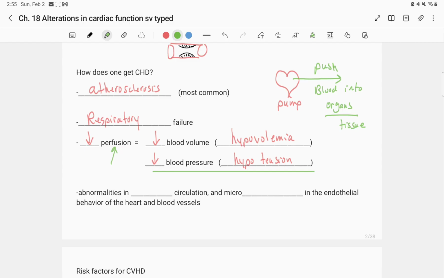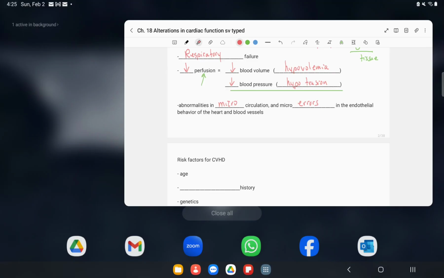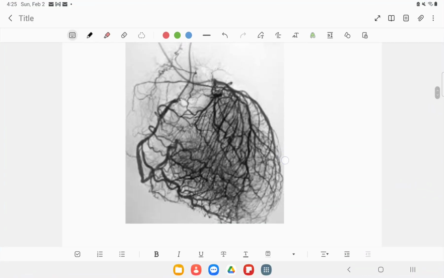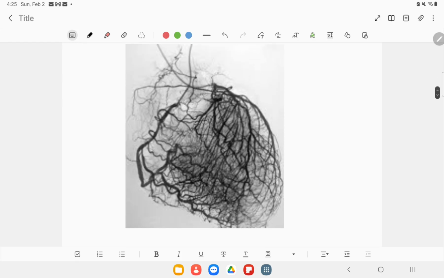Okay, abnormalities in microcirculation. And micro errors in the endothelial behavior of the heart and blood vessels. So these micro errors, here's a picture of that just to give you an idea. So this is blood vessels that surround a heart. So dye has been put in the blood vessels.